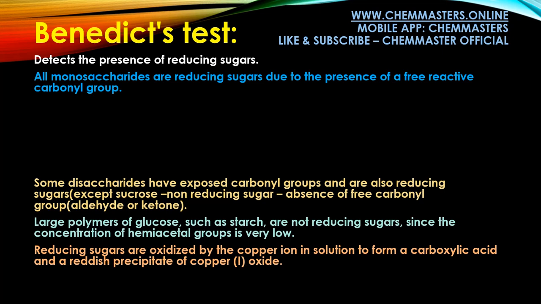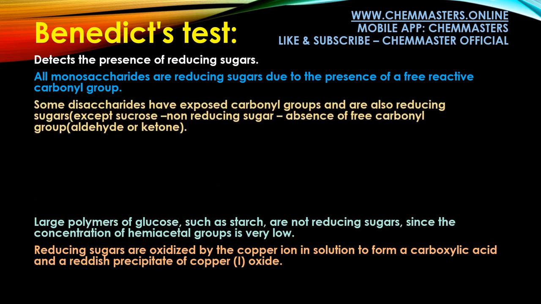That carbonyl group may be an aldehyde or keto functional group. If a carbohydrate has a free reactive carbonyl group, then it gives a positive test for Benedict's reagent. Simply, Benedict's test is used to identify the presence of reducing sugars.